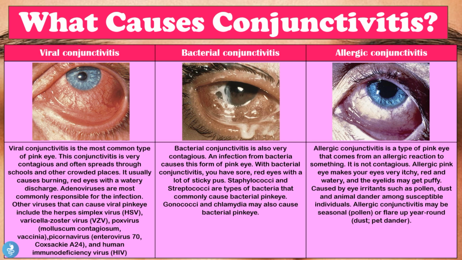So this is the classic allergic reaction. And the allergic conjunctivitis can be caused by eye irritants such as pollen, dust, and animal dander among susceptible individuals. An allergic conjunctivitis may be seasonal in cases when pollen are the causative agents, or flare up all year round in cases when dust or pet dander are the causative agents.